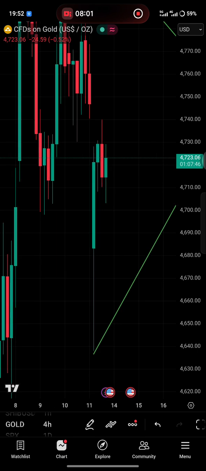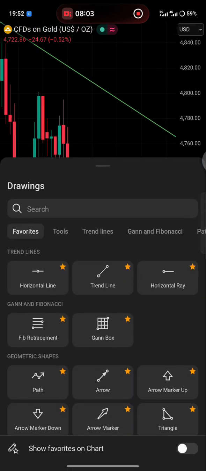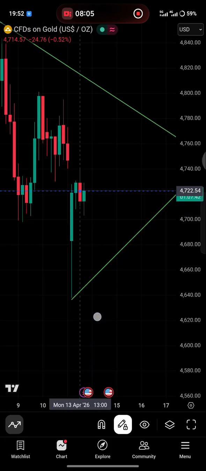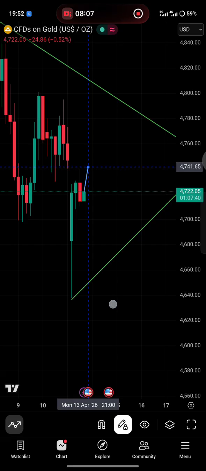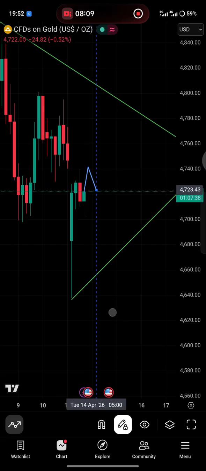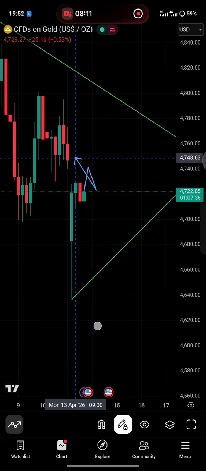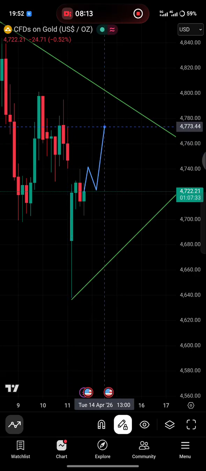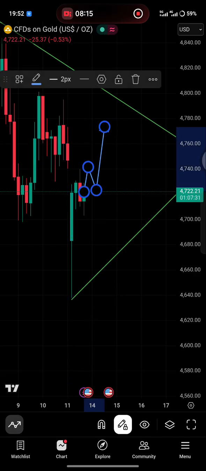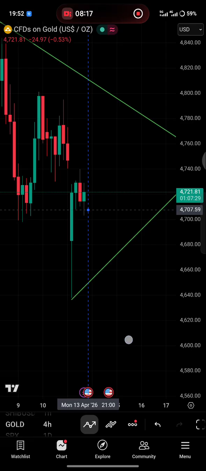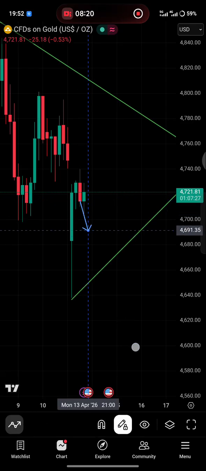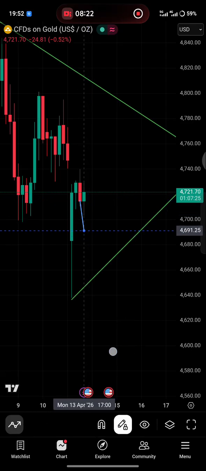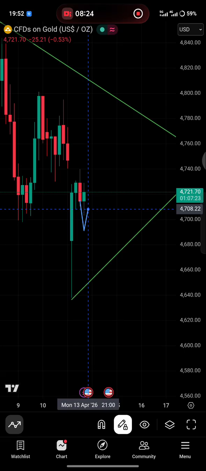So right now, what do we wait for? We wait for the price to be able to close above, and then buy at this retracement and wait for the price to attack the next resistance, correct? Or if you're looking to sell, we wait for the price to drop down and close as a red candle. The next candle retracement is where we're going to sell, right?